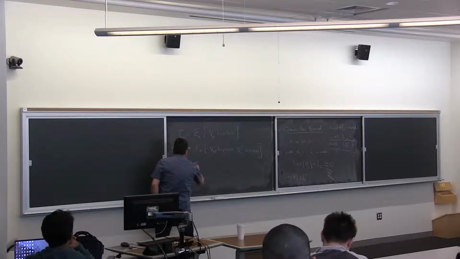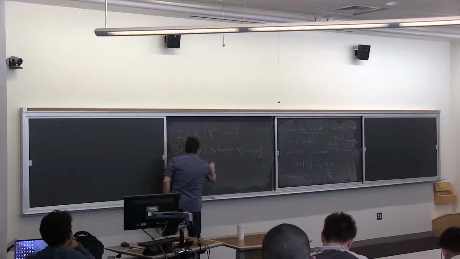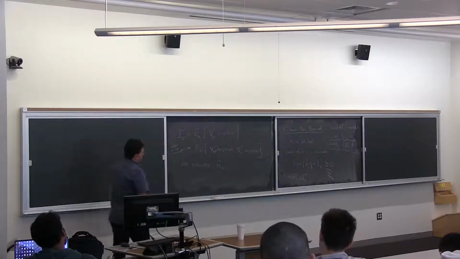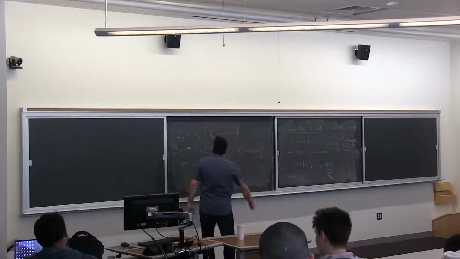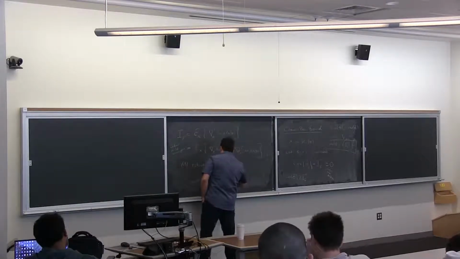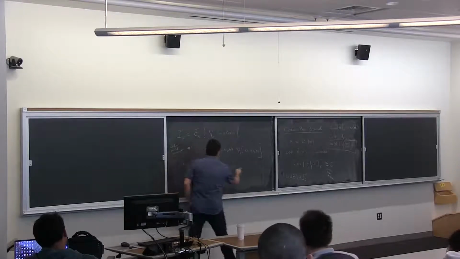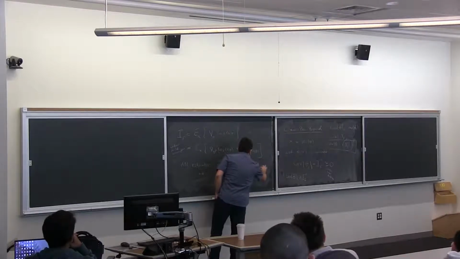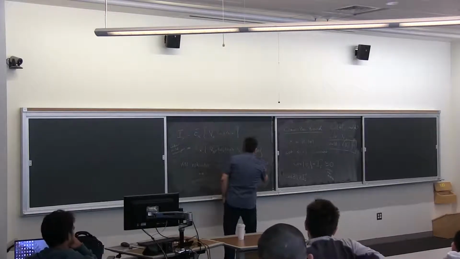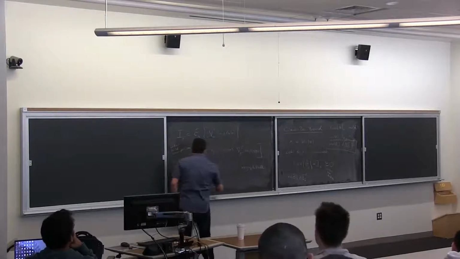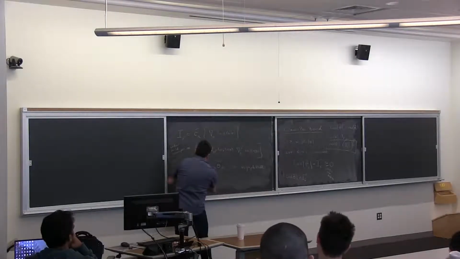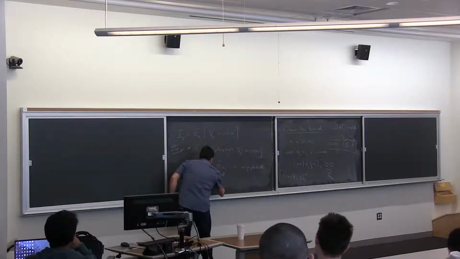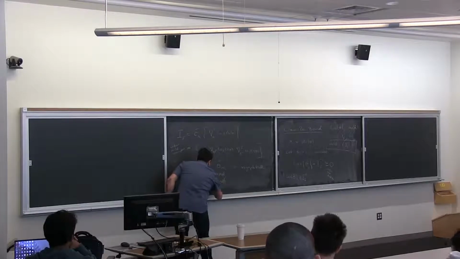So the ML estimator, theta hat ML, for a parametric model like this is, in general, asymptotically unbiased, efficient, and consistent.